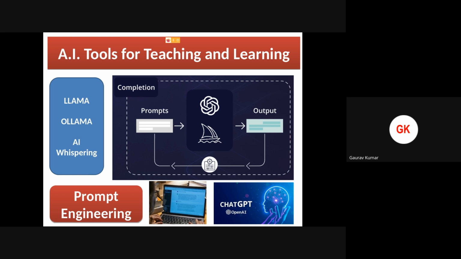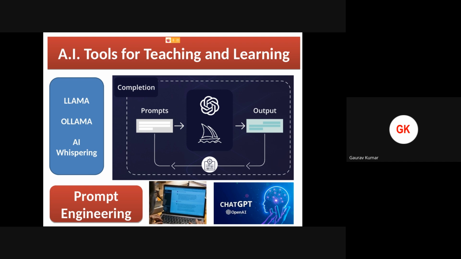And what about prompt engineering? How to write different types of prompts? What is the meaning of LLM? You might have seen that at the backend of every AI chatbot, whether it is Bard, Copilot, or Gemini, at the backend of each and every AI chatbot, there is an LLM, a large language model.